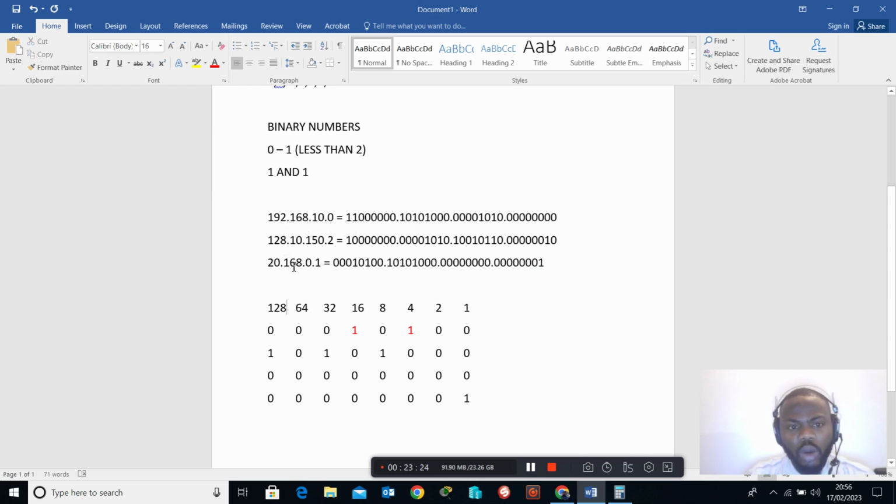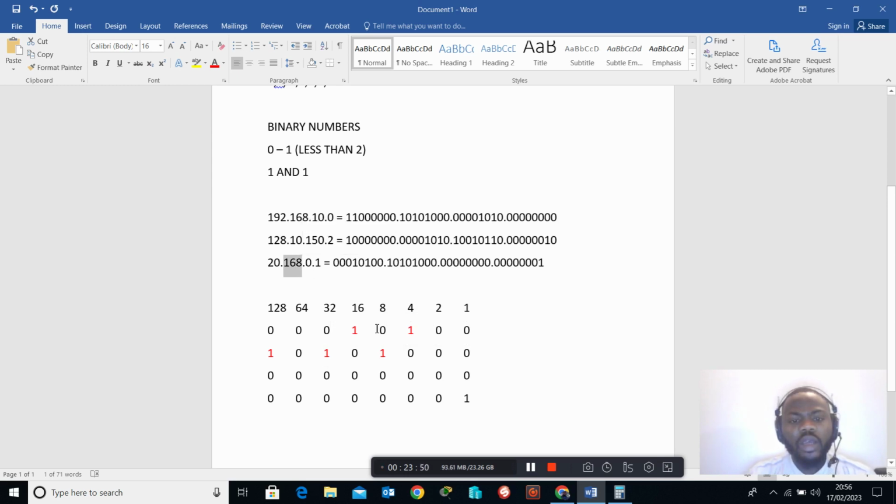Let's do the second one, 168. How do we know if we are correct? So we are doing binary back to decimal now. Let's change this color to red because it's on. This to red because it's on. This to red because it's on. If we add 128 plus 32 plus 8, that's going to give us 168.